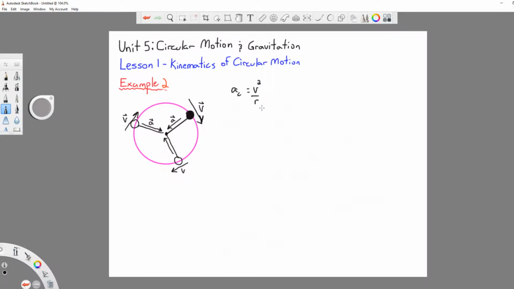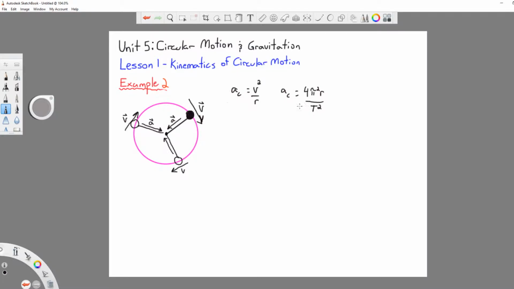Okay. The second formula we have is a little bit longer, but it's not too much more complicated really. We have centripetal acceleration is equal to 4 pi squared times radius over period squared. And we talked about period in the last lesson, last example.